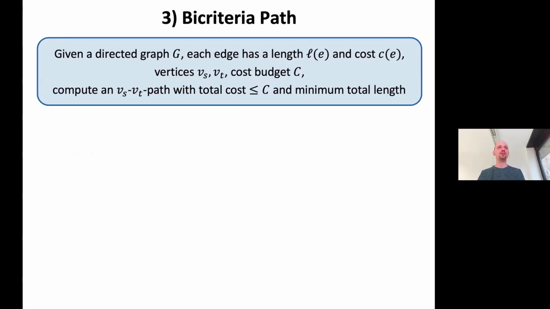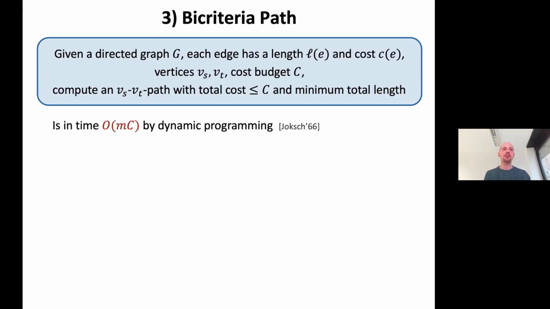Another interesting example is Bicriteria Path. Another classic optimization problem, right? Given a directed graph, each edge has a length and a cost. You have a source vertex and a sink vertex and a cost budget. You want to compute a source to sink path that has total cost at most the budget C. And among all these paths with total cost at most C, it should have minimum total length.